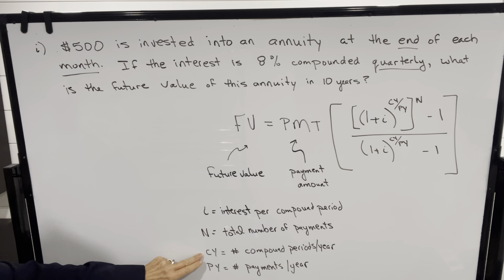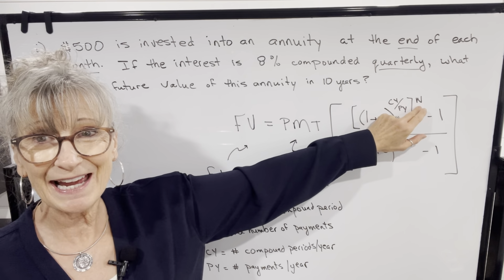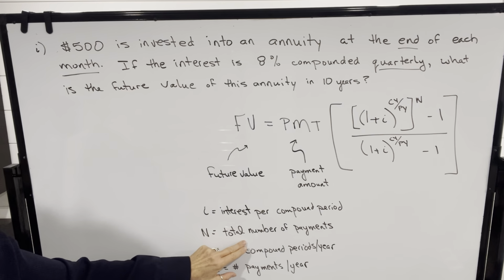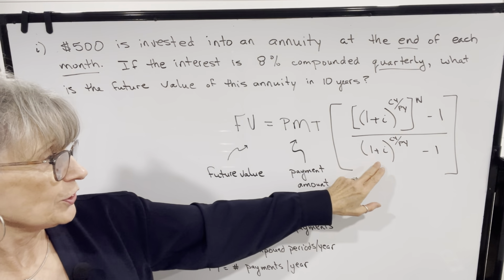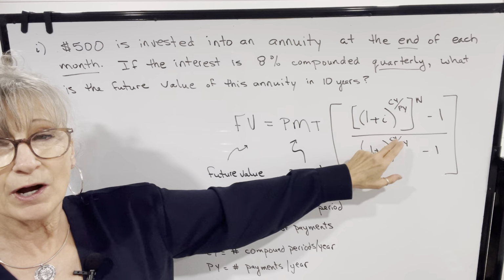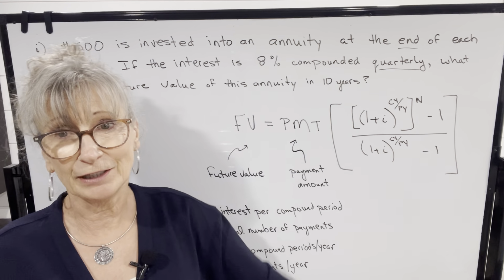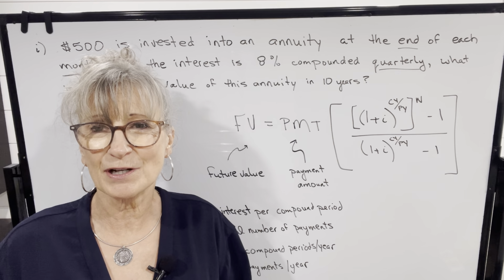CY represents the number of compound periods per year. PY represents the number of payments per year. Then we raise all of that to the exponent of n, where n is the total number of payments, minus 1. In the denominator, we have 1 plus i to the same exponent, CY divided by PY, minus 1. It looks messy, but let's put our numbers in and try to simplify it as much as we can.